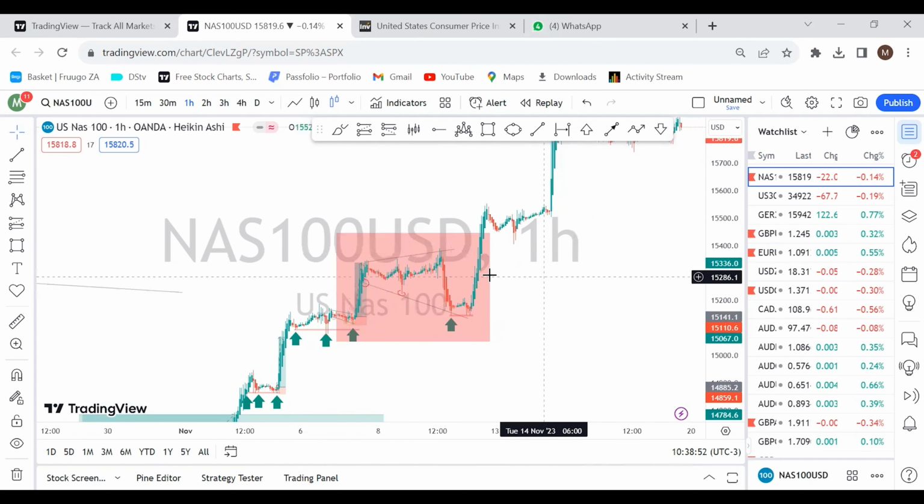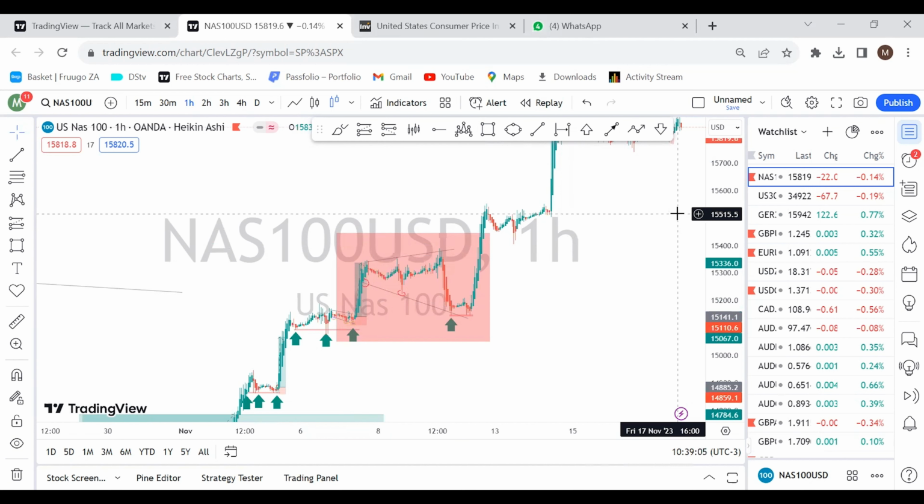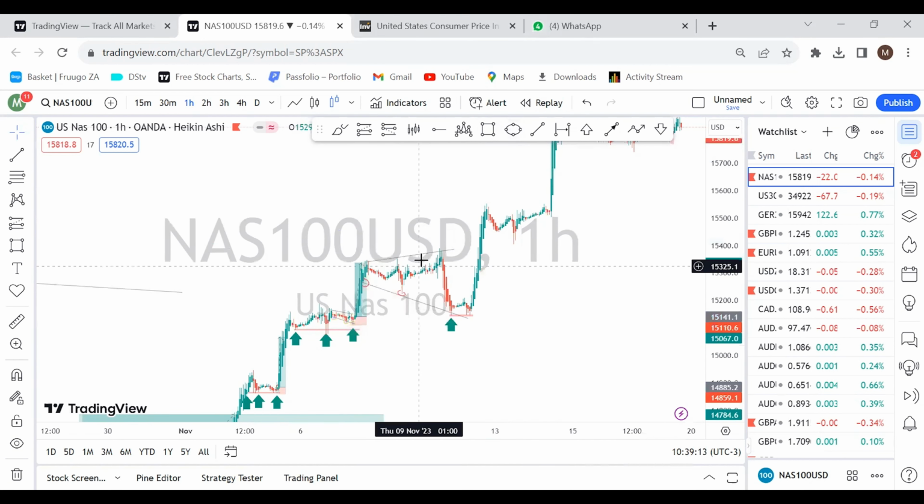You can see that it happened right after an impulse. And what does that tell you? When the impulse forms and completes, obviously the market has to correct, and in this case it corrected to continue to the upside.